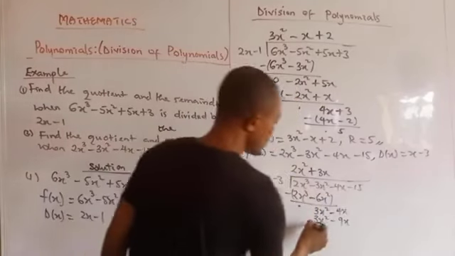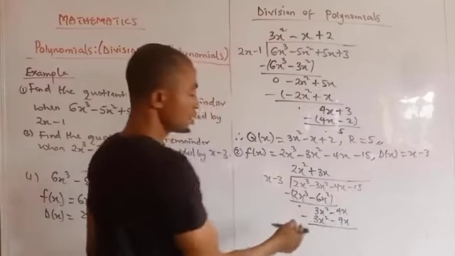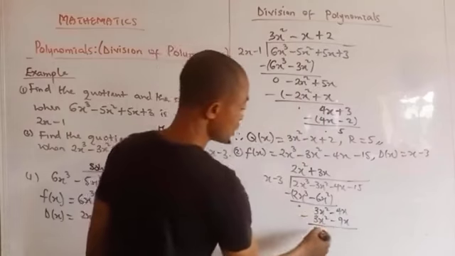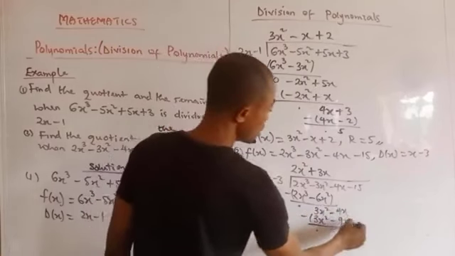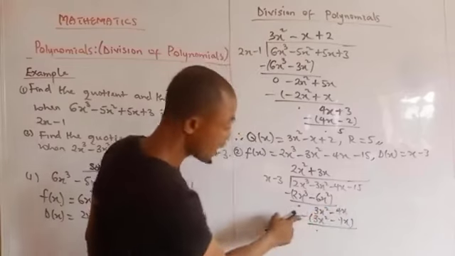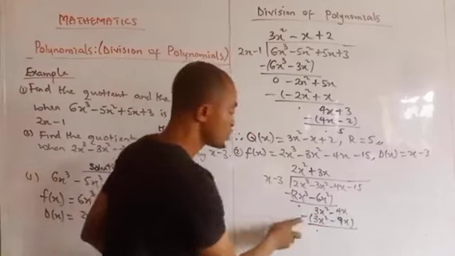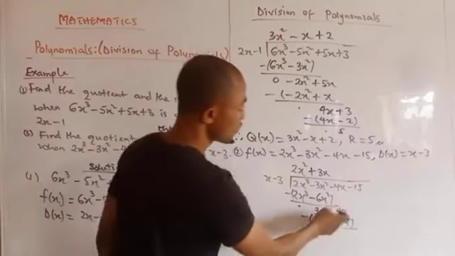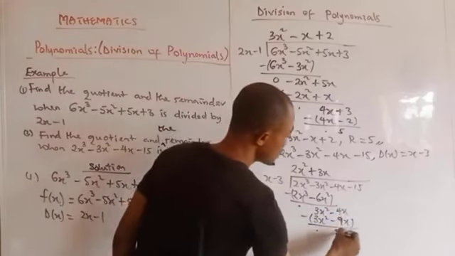So again we subtract. By the time we subtract, we have 3x squared minus 3x squared, that's 0. Then minus 4x minus minus 9x. Minus we multiply minus, that will turn to positive. So minus 4x plus 9x will give us plus 5x.